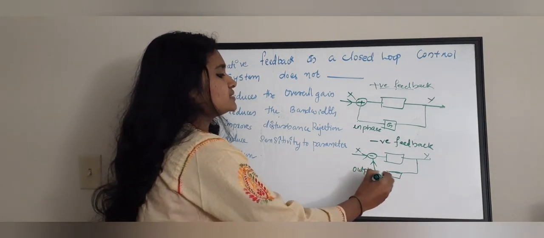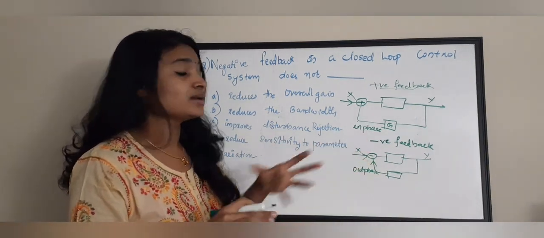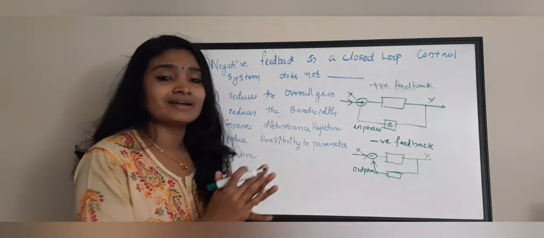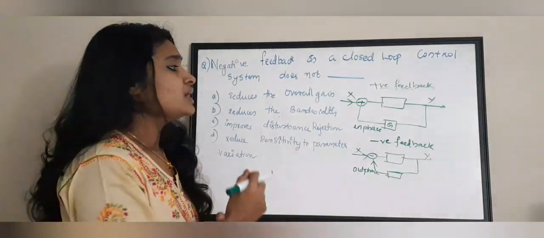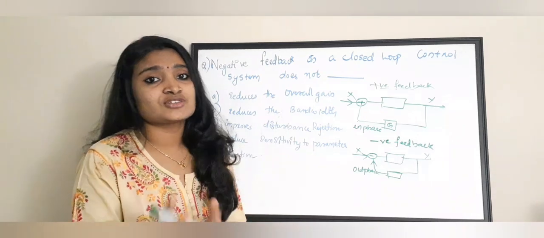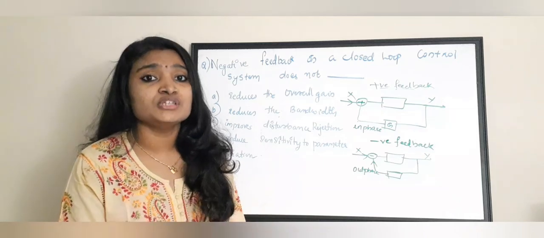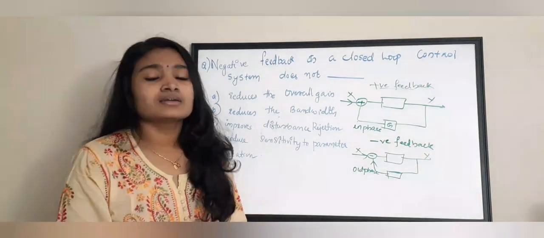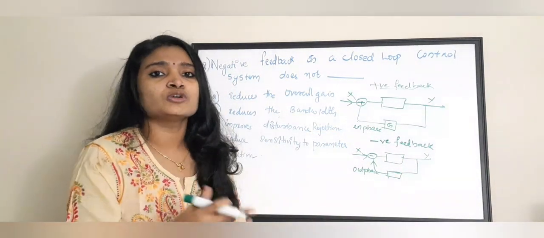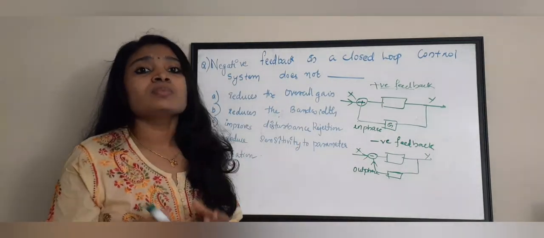The signal is subtracted out of phase from your original input X. That is happening in a negative feedback closed loop control system. Due to this subtraction, obviously, the gain has to reduce, right? The overall gain of the system will get reduced due to this negative feedback being added. That is the case with the negative feedback closed loop control system.